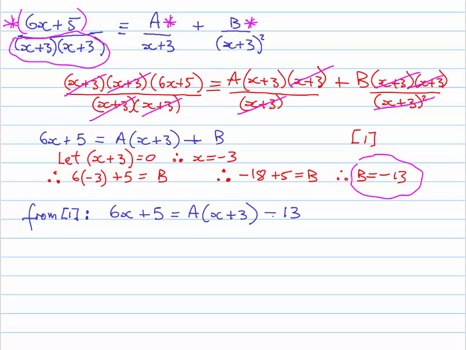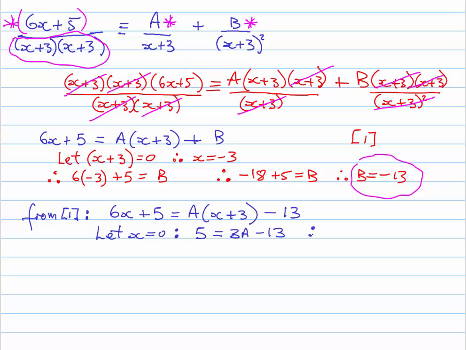It looks like we've got two unknowns here. We would like to find a value for A. Why don't we just let x equal 0? Another common trick. So let x equal 0. That is then going to give us 6 lots of 0 is nothing, so 5 equals 3A minus 13.